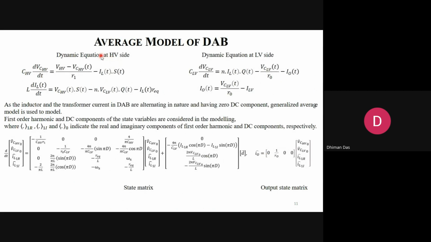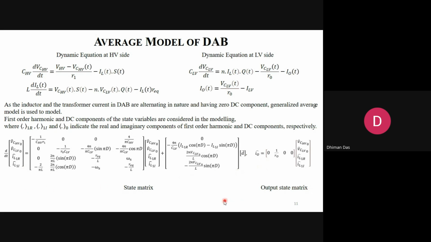Now if you write the dynamic equations at the HV side and LV side, using KCL and KVL, you can end up with this equation. Finally, my goal is to inject current from primary to secondary, from high voltage to low voltage, or low voltage to high voltage, with respect to the control parameter, which is the phase shift or the duty.